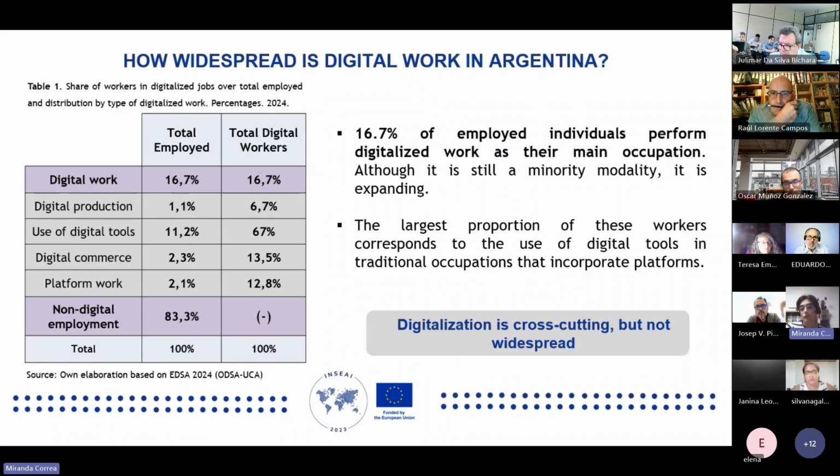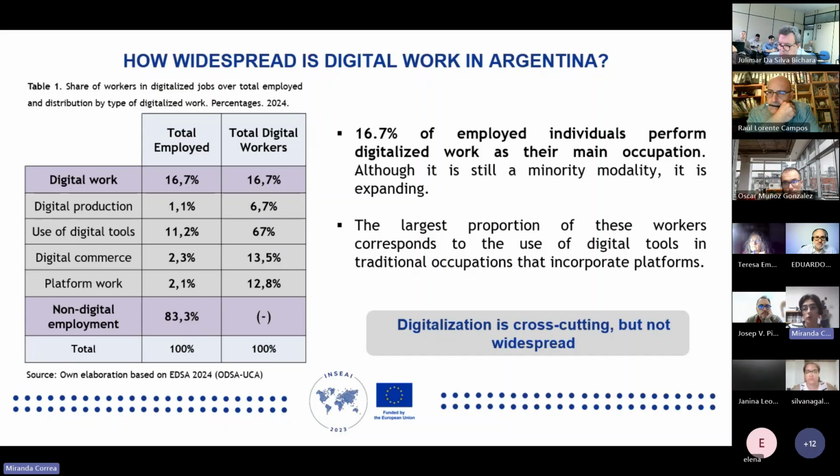So here's the first fact to keep in mind: 16.7% of employed adults in Argentina perform digitalized work as their main occupation. So yes, digitalization is growing, but it's still far from being a dominant form of employment, at least here. More importantly, the largest group within digitalized work isn't platform workers or digital commerce.